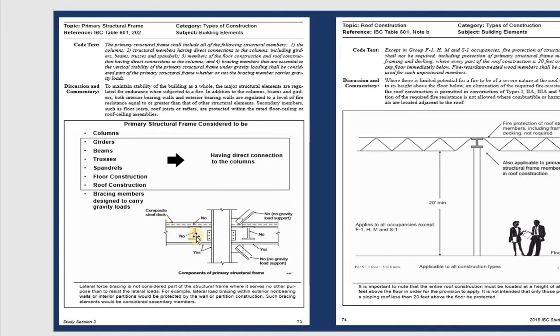This is the column, and after that some beams, and you can see the beams don't need the fire rating. But this is the ceiling, and they need it. This is the wall, they need it. They say yes, that means they need the fire rating for the ceiling and for the side wall. And the other thing, the connection, they say no, that means they don't need the fire rating for this one.